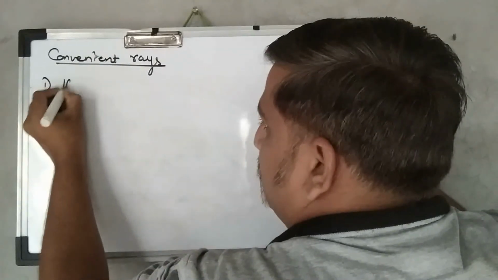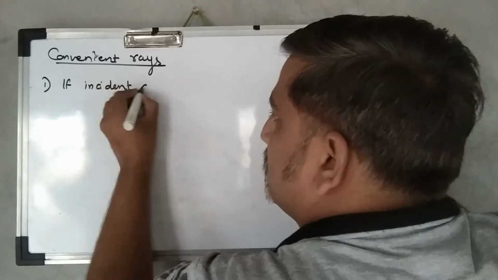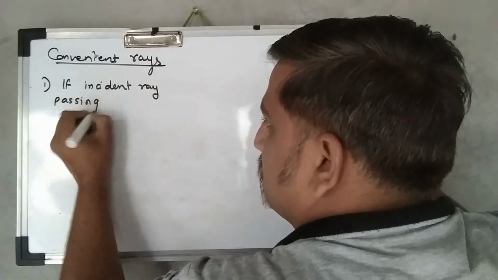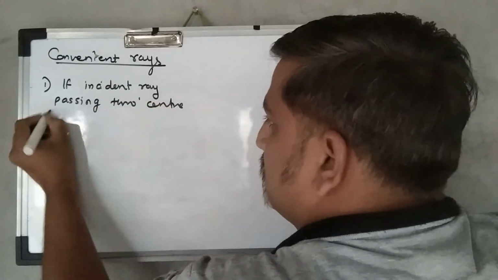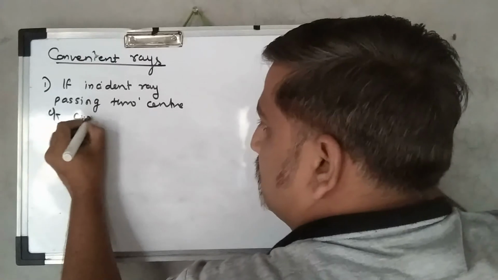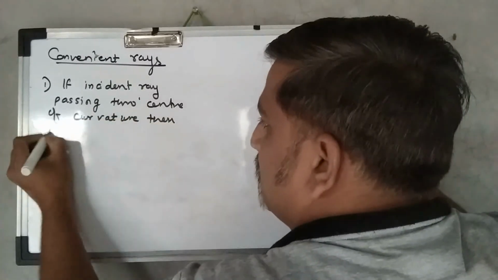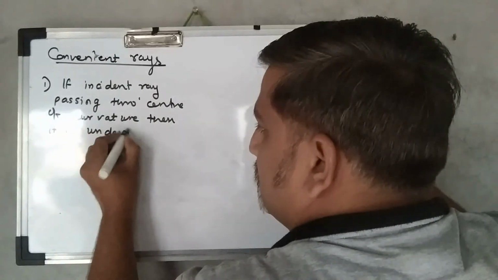First, if the incident ray is passing through the center of curvature, then it is undeviated.